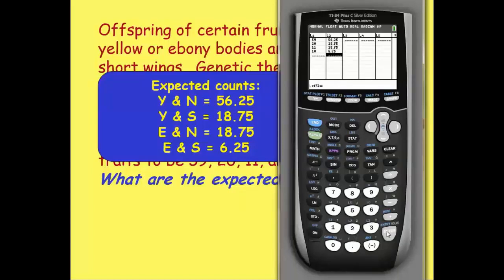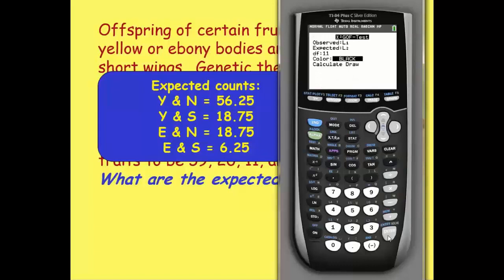Okay, and then from here we'll carry out the test on the calculator, and then we'll do the formal write-up and make sure that we're satisfying everything. So from here we're going to go to our stat button and go over to test, and we want the chi-square goodness of fit. You can arrow down, it's right there.